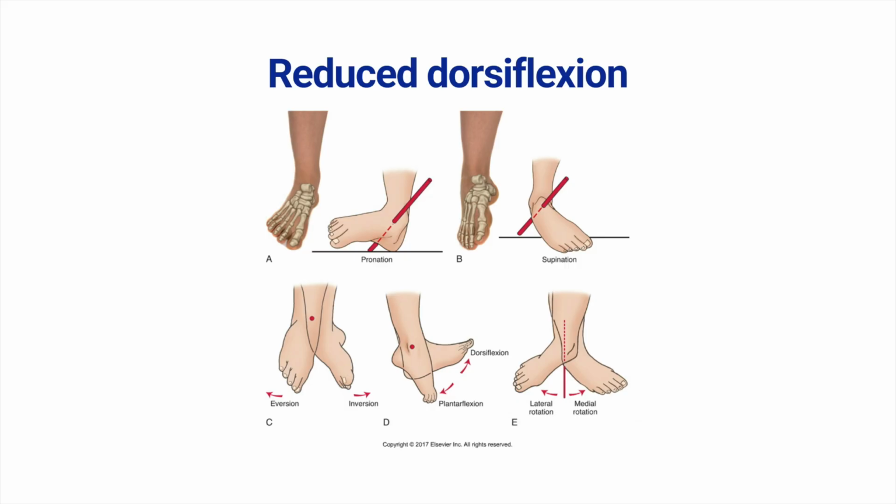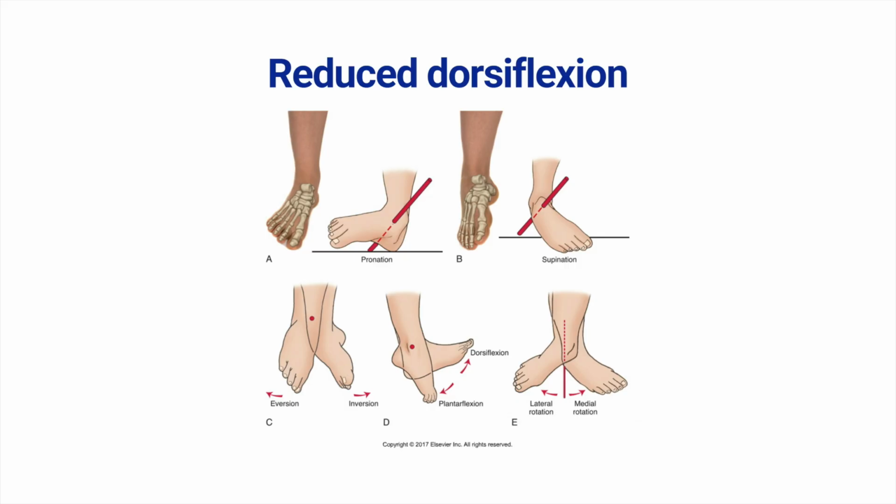Reduced dorsiflexion is commonly seen in conditions such as stroke, CP, peroneal nerve injury, SCI, MS, and also TBI. From a gait perspective, it affects both swing and stance phase. During swing phase, inadequate dorsiflexion can lead to toe drag, increasing the risk of tripping. During stance phase, limited dorsiflexion can interfere with the smooth forward progression of the body.